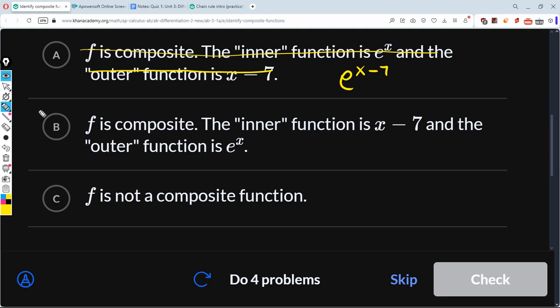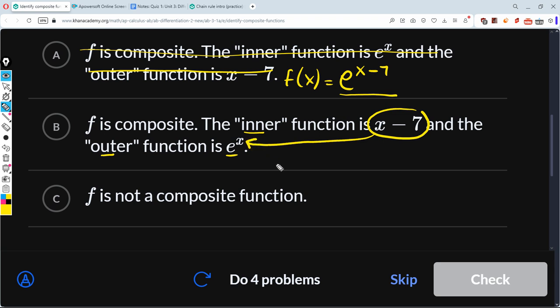All right, so I rewrote the original right here. Again, you can say f of x equals if you like, but that's the original function. And we're going to try B. We're going to take the inner and plug it into the outer. The inner function here is x minus 7, and we're going to plug it into the outer function right in place of x.